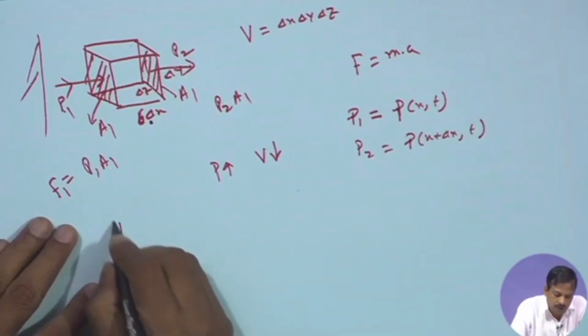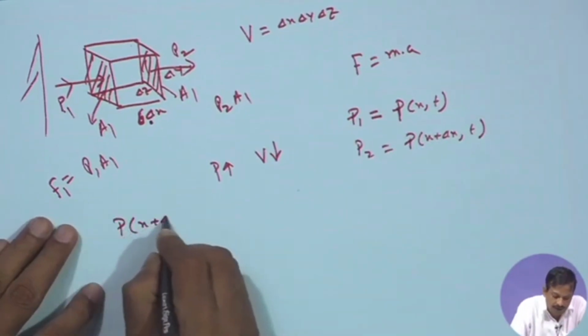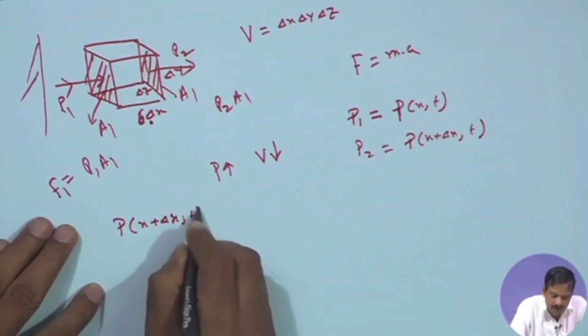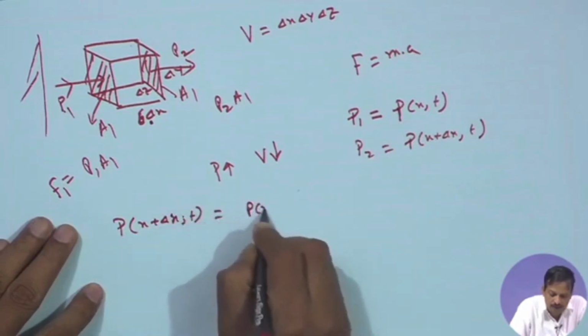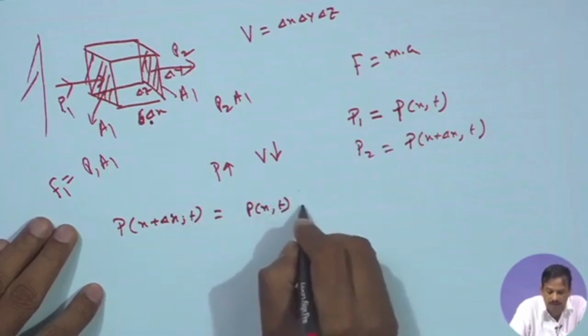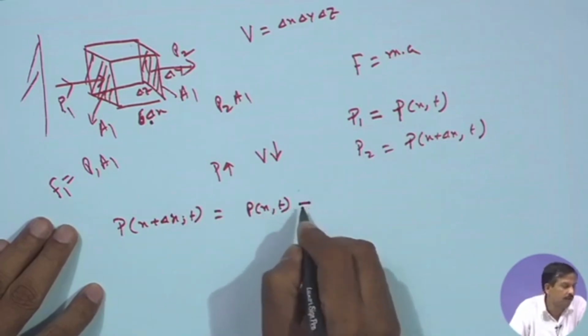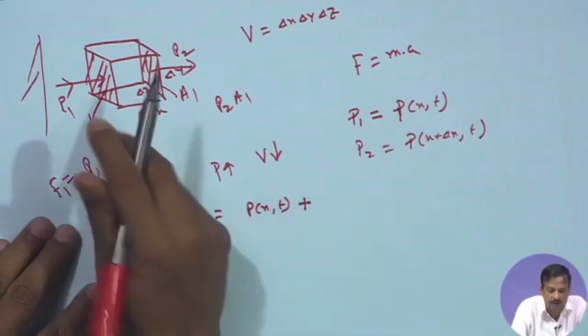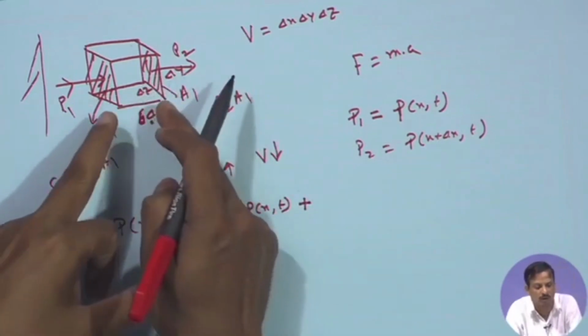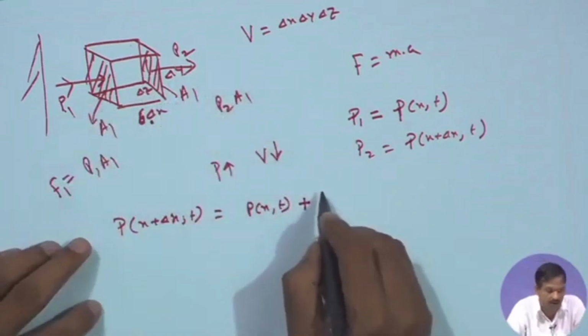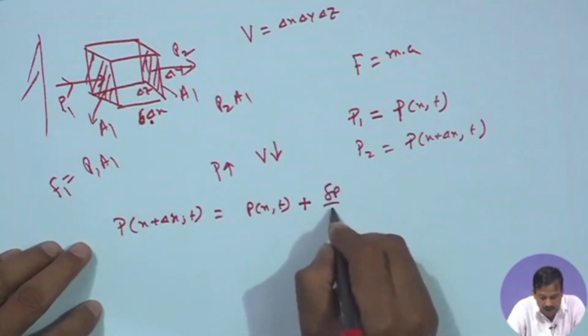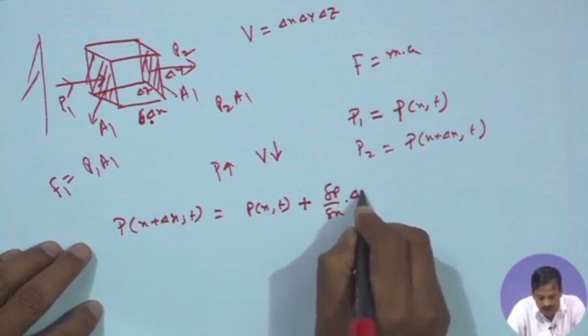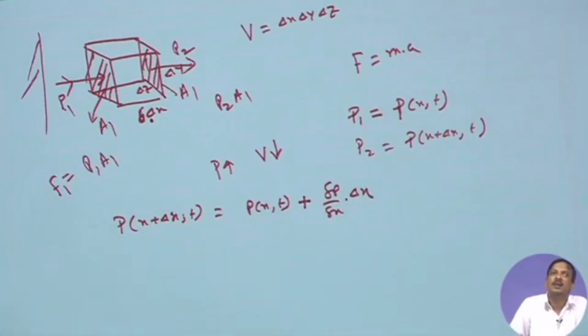Okay. What is p of x plus del x, t? It is nothing but p of x, t plus the change of pressure for the dx distance, which is nothing but del p by del x into del x. I said the change of pressure is linear, I am not considering the non-linear term.